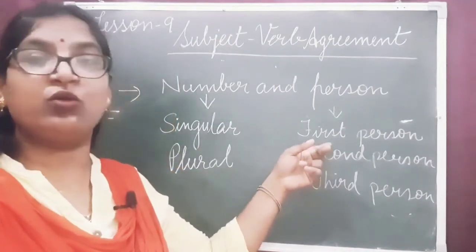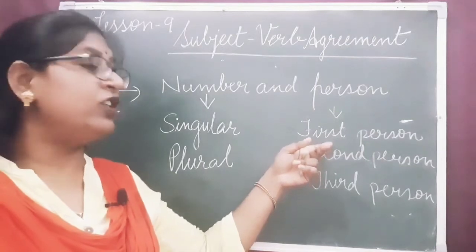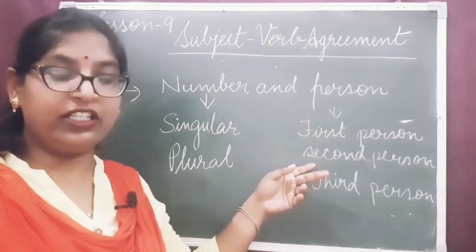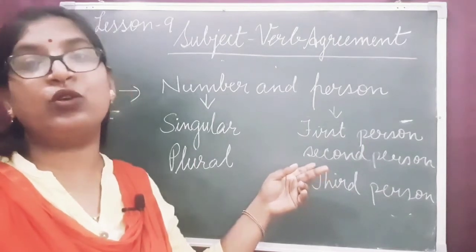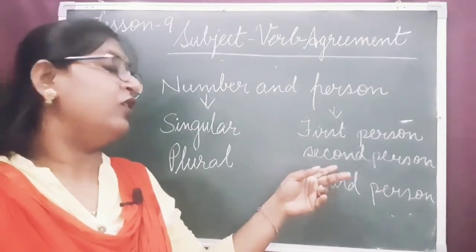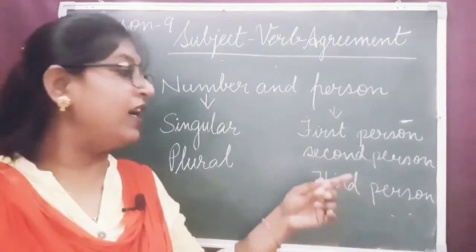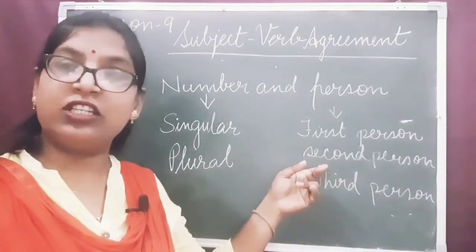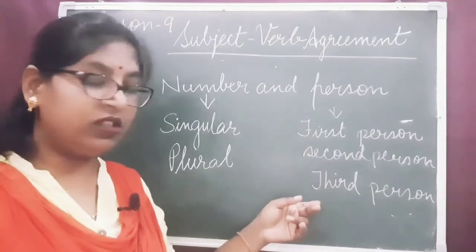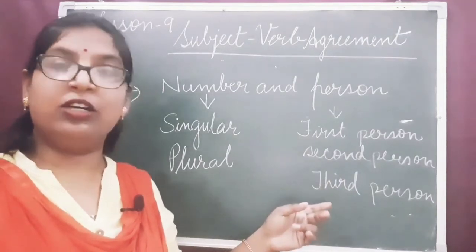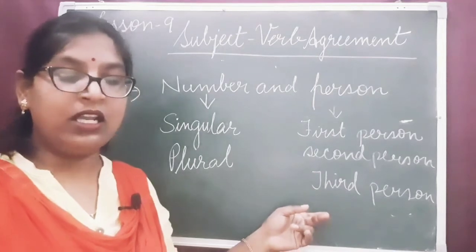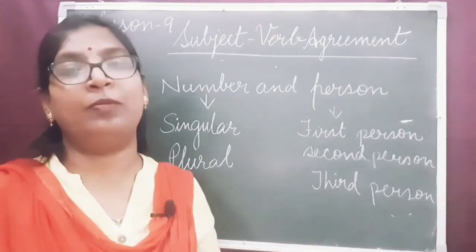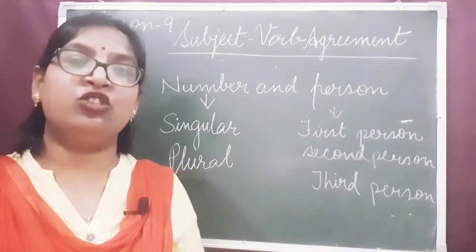First person means who is speaking. First person denotes the speaker. Second person denotes the person spoken to, to whom we are talking. The second person is the person spoken to. And the third person denotes the thing or person spoken of, or about whom we are talking.